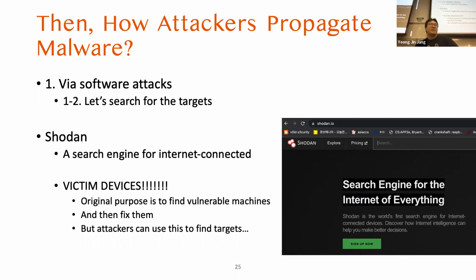So we can do that kind of defense. So this tool is there to help network operators, but at the same time, it can be used for searching for attackable targets.